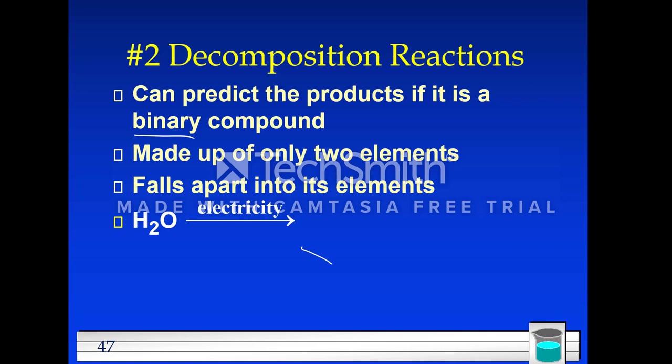Hydrogen and oxygen. So that's H and O. That's the elements that are there. Now, write the right formulas. Does H get a little 2? Yep, it's a gen, hydrogen. Does O get a little 2? Yeah, it's a gen, oxygen.